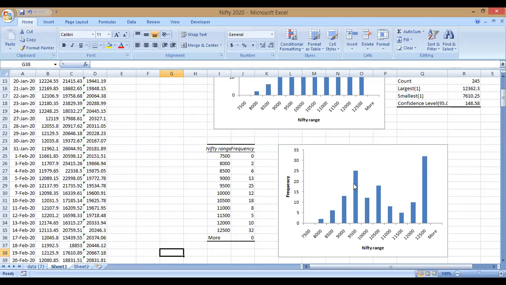Because since it has already touched all these levels, it will form a bell-shaped curve, with a small number of days here, and then most of the time it will hang around 9,500 to 10,500 levels, and then probably make some movements here. Right now it is trading at 10,780, so it might give 2 or 3 more days here before shifting back to these levels.